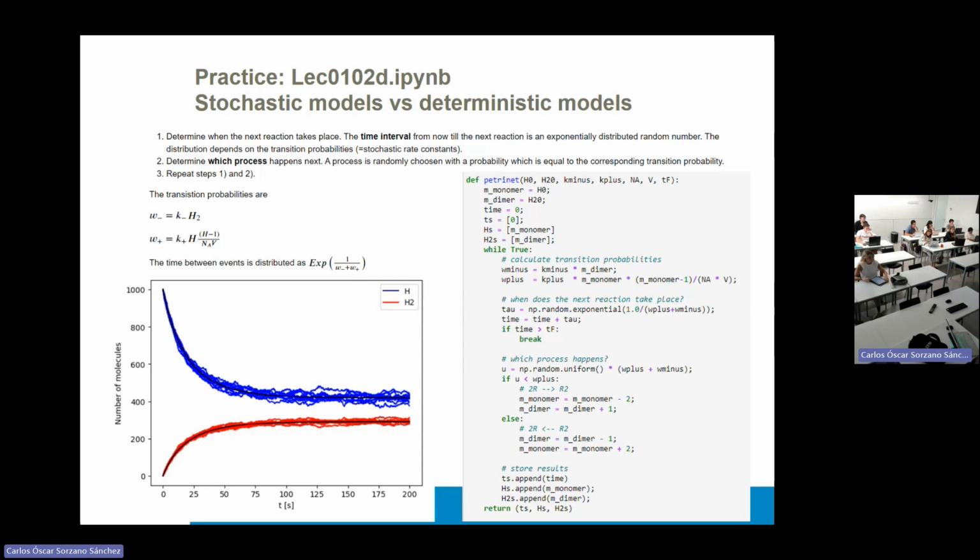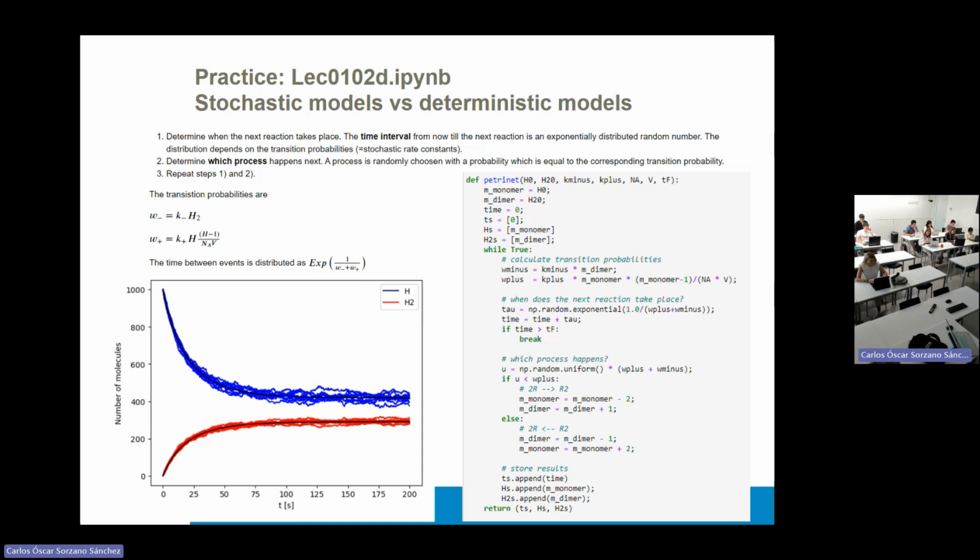This kind of simulations, this kind of models, they're called Petri nets. Petri is the name of a guy. Petri networks. Okay, so we take the number of monomers, so the number of atoms, the number of dimers, or the number of molecules. We are at time 0, and then we will keep a list of all the events that happen.